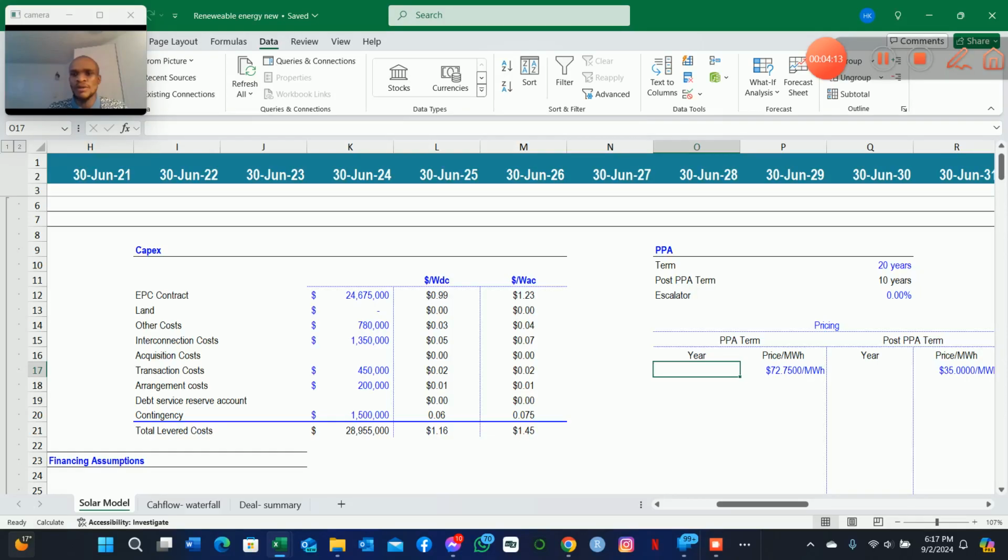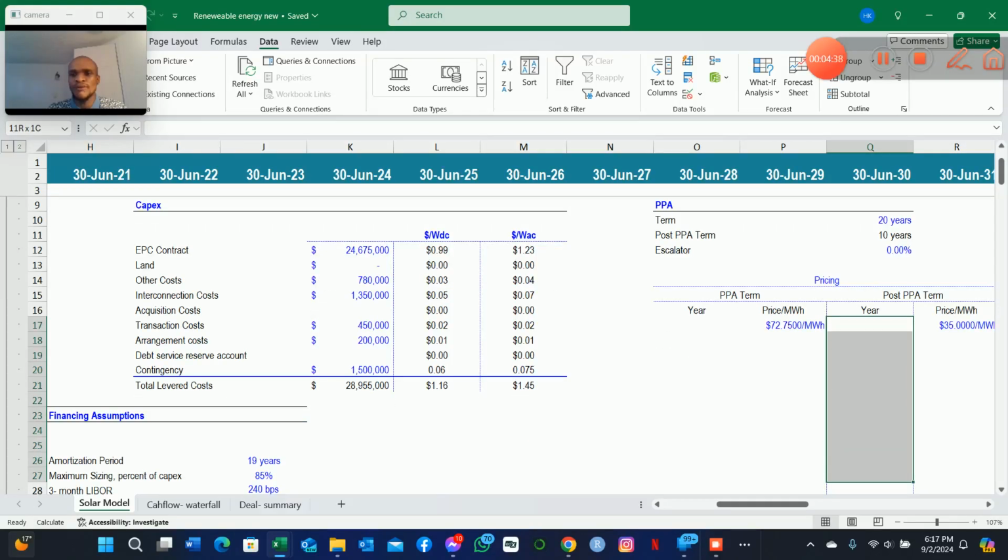We know that for the PPA term, it's going to be 20 years from the commercial operation date. And then if the joint ventures or the general partners seek more revenue, they might want to extend the term of the contract to 10 years, or a decade, after the PPA term.